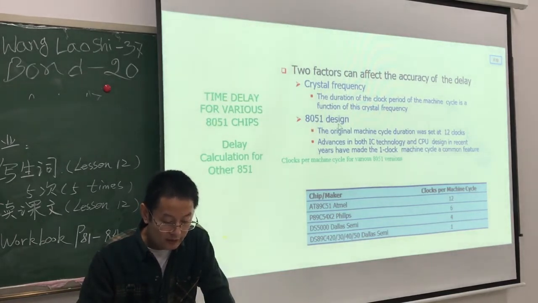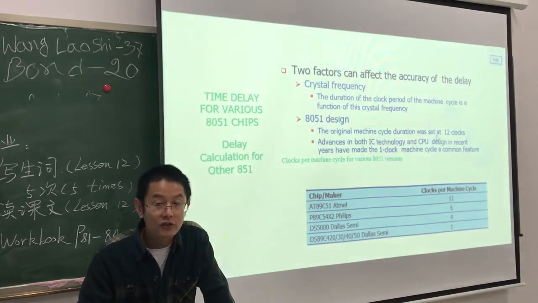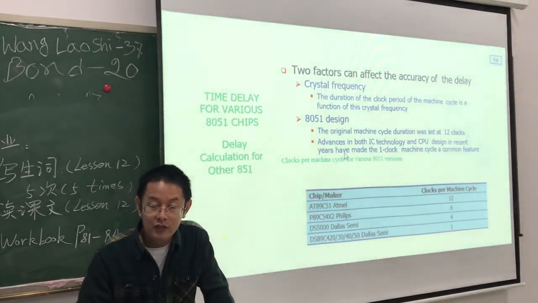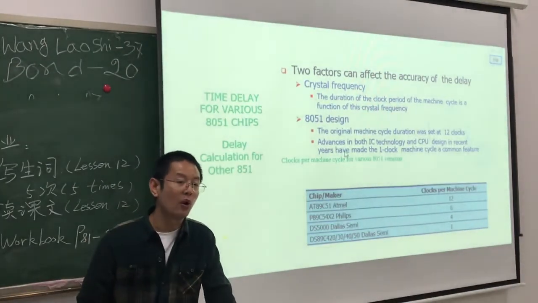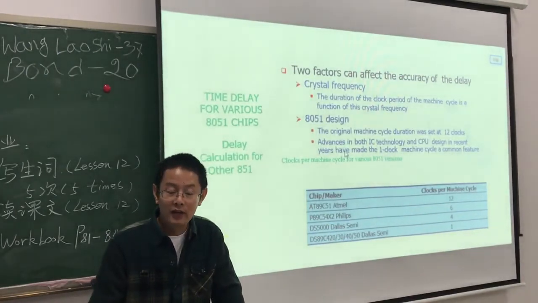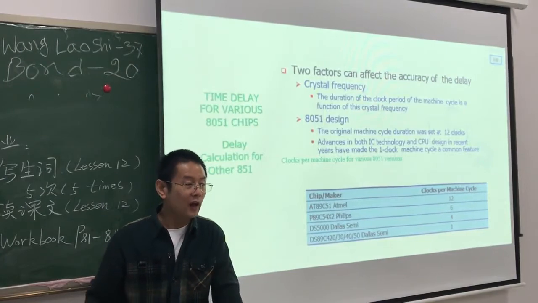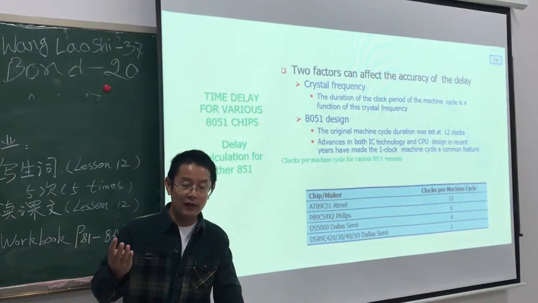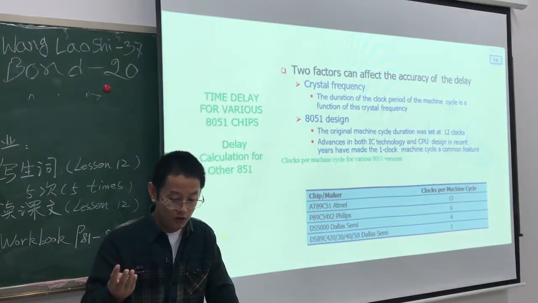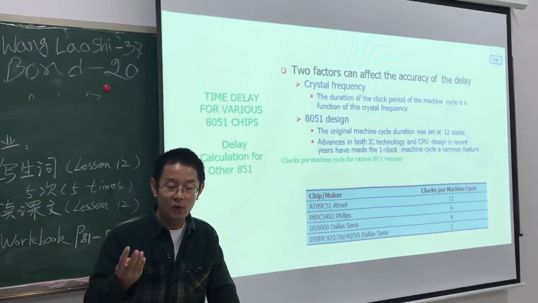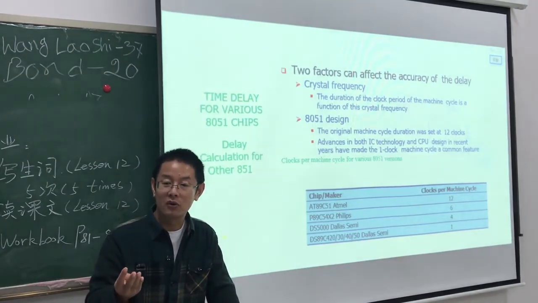In the 8051 design, the original machine cycle duration was set at 12 clocks, but recently in the new types of 8051, one clock period can be one machine cycle.